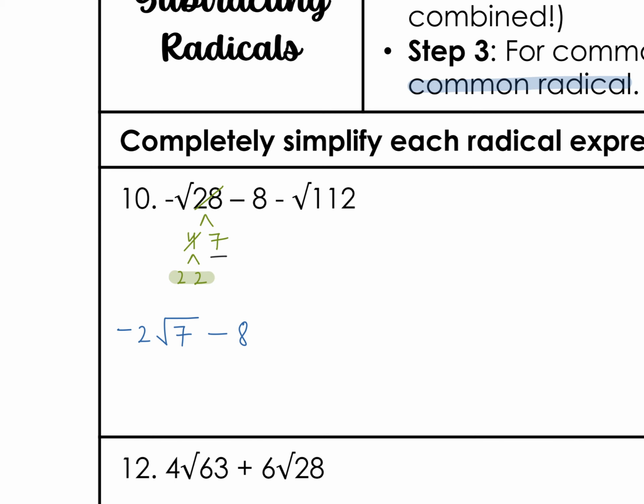And then lastly, let's look at that square root of 112. So here we can factor, start small if you need to, but it's an even number, so we can divide by 2 and get 56. And then I can factor that 56 into 8 times 7. And then my 8 can be factored into 4 times 2, and then 2 times 2.